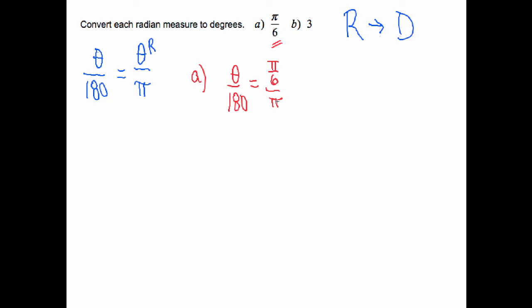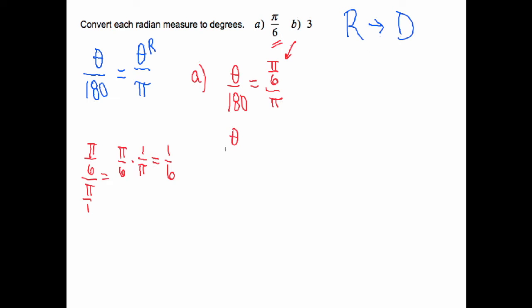Now I want to solve for theta, and first I'll simplify this fraction. Pi over 6 over pi may be rewritten as pi over 6 over pi over 1, and if you invert and multiply, you can cancel the pi's.